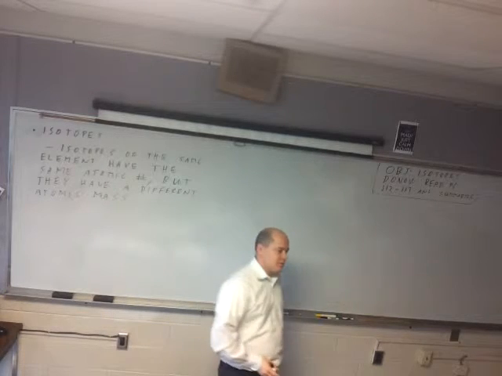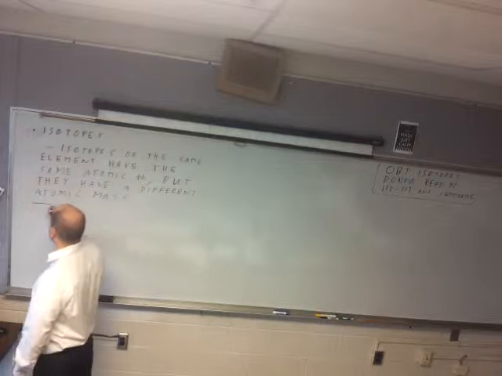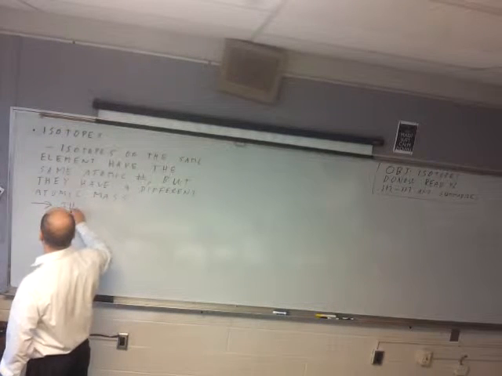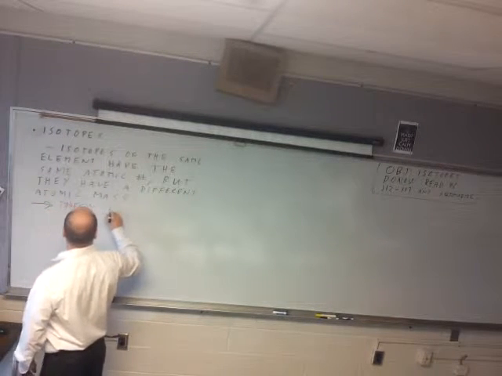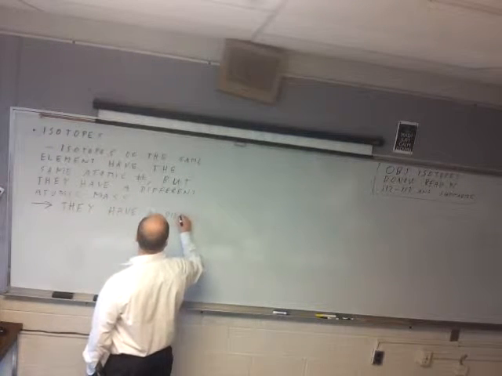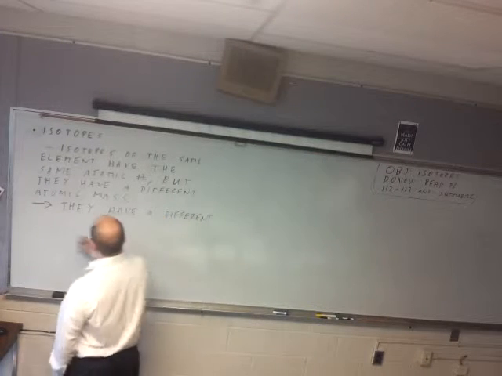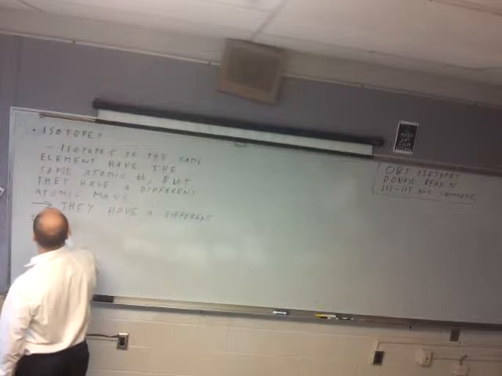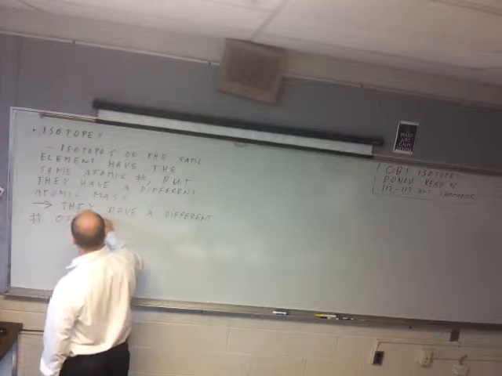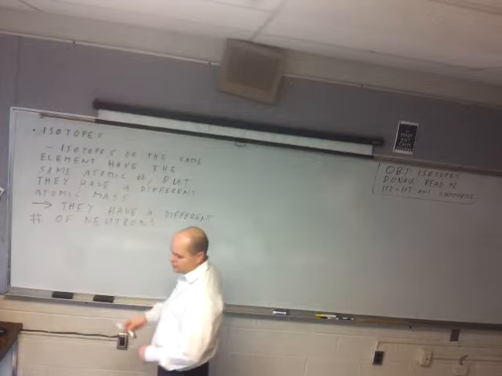And if they have a different atomic mass but the same atomic number, that means what? They have a different number of neutrons. So that's what isotopes are all about, different numbers of neutrons.